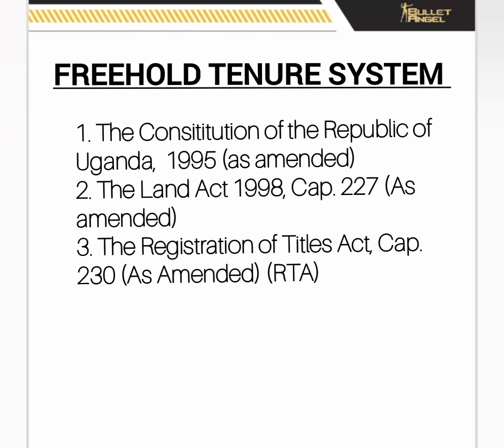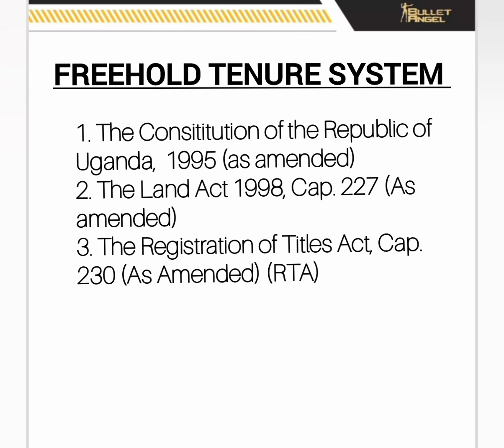The Freehold tenure system is a system where owners of land have a deed or title to their land, which allows them to hold the registered land forever and do whatever they want with it in accordance with the law. They can use, sell, lease, transfer, subdivide, mortgage, or give away the land as they may wish. So if you own freehold land, you're the owner and the registered proprietor of that land.